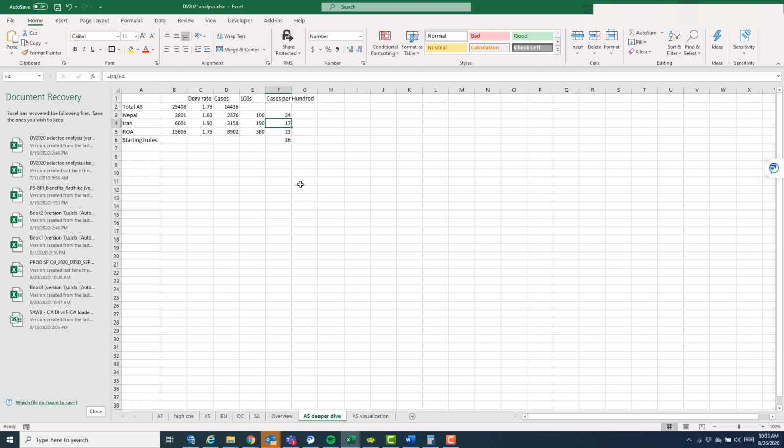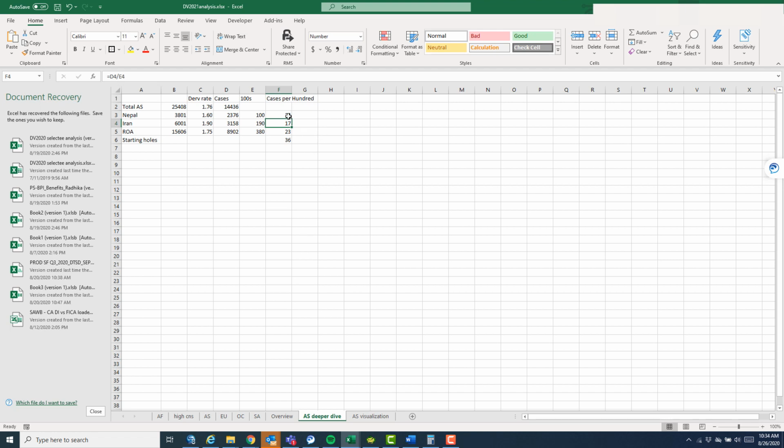And then for Iran, there'd be 17 cases every 100. And they would go up to case number 19,000, representing the 3,100 cases that Iran should have within the 6,000 number there. And then for every 100 cases that we see throughout the whole number range, because none of the other countries are limited in any way, we should see approximately 23 cases per 100 for the rest of Asia.